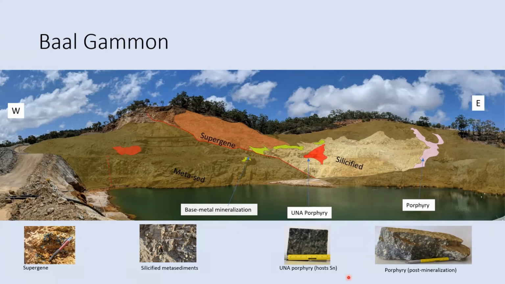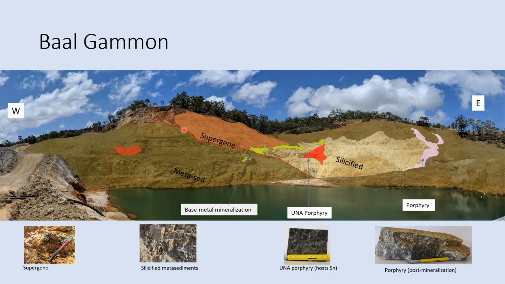The Una porphyry is what hosts the tin mineralization at Baal Gammon, and with it also comes a late phase of base metal mineralization. All of that gets cross-cut by a quartz feldspar porphyry that is placed in the Slaughter Yard Creek volcanics relating to the Kennedy group.